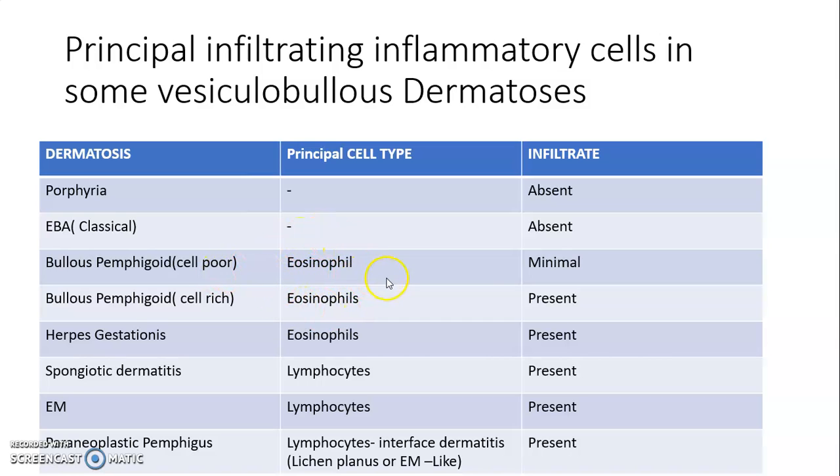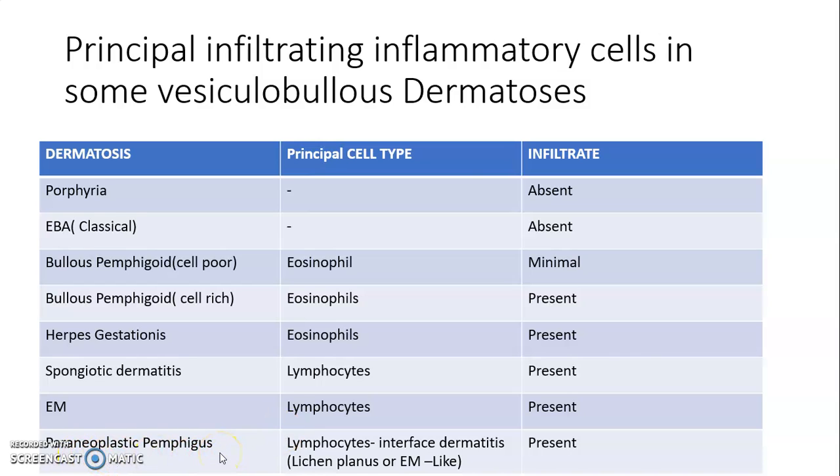In cell poor, the infiltrate is minimal, while in cell rich, infiltrate is present. Herpes gestationis also has eosinophils. Spongiotic dermatitis has lymphocytes. Erythema multiforme also has lymphocytes.